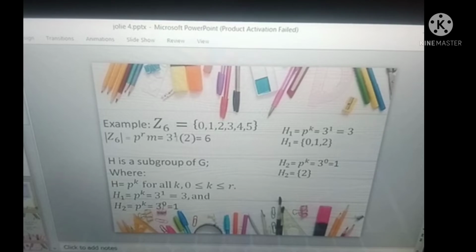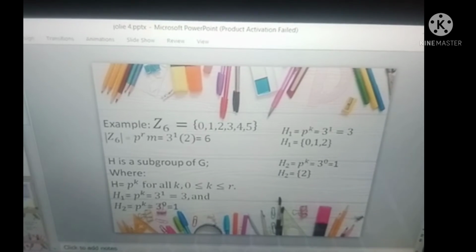The prime P is 3, so we use 3 to the power of 1, which is equal to 3. So we have a subgroup of order 3.